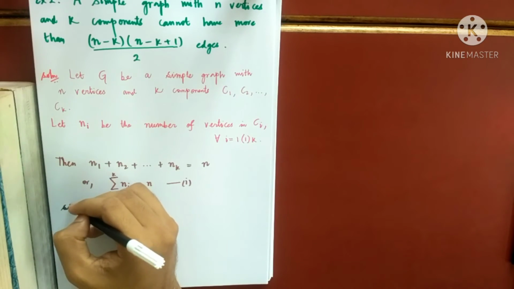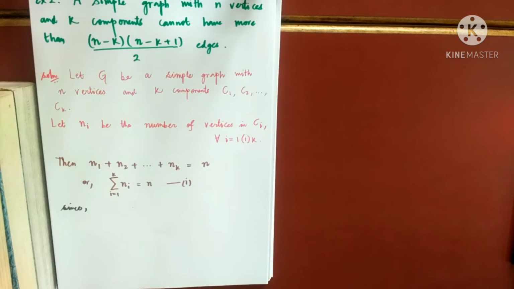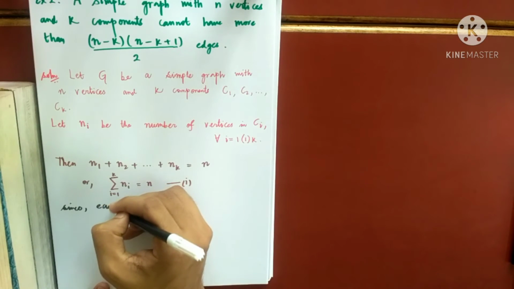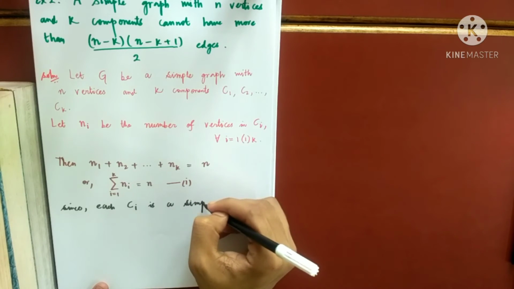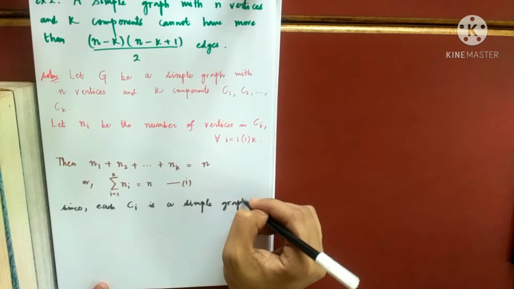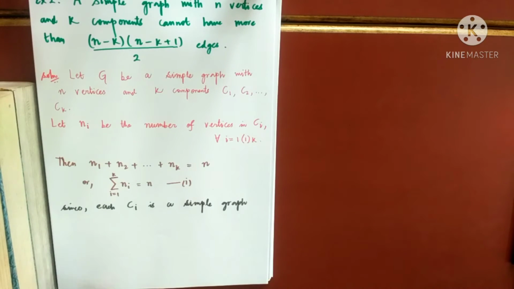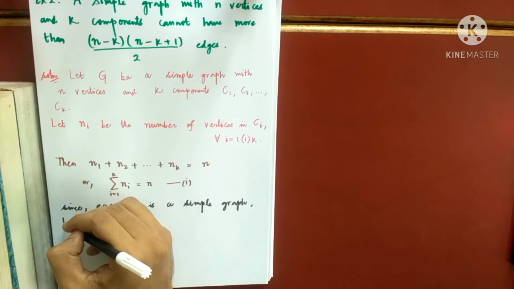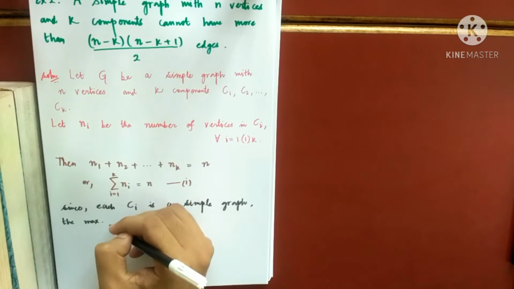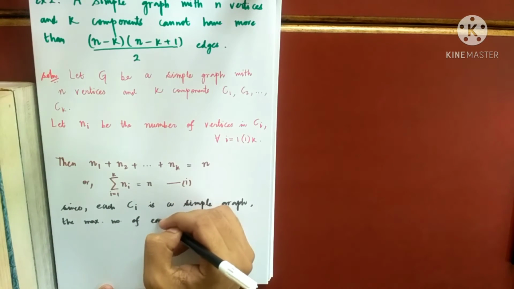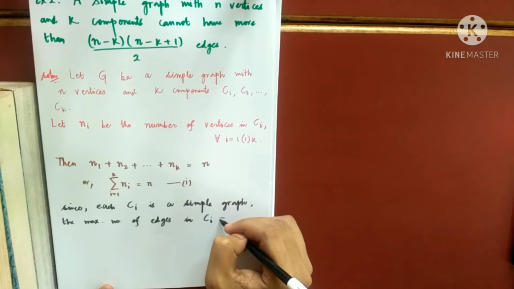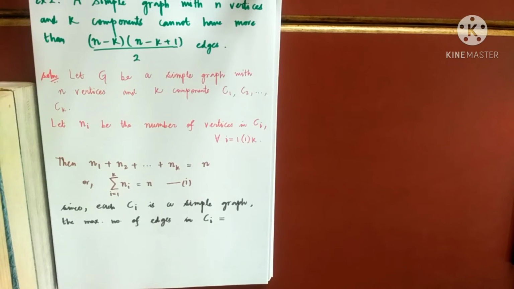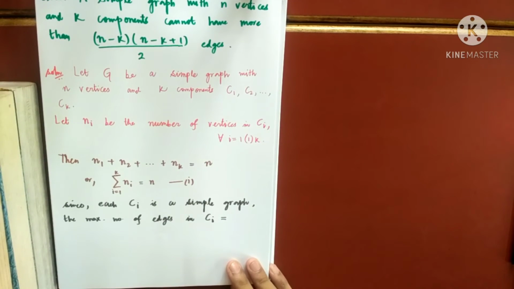Since each Ci is a simple graph, the maximum number of edges in Ci equals to, who can tell me what can be the maximum number of edges in Ci?